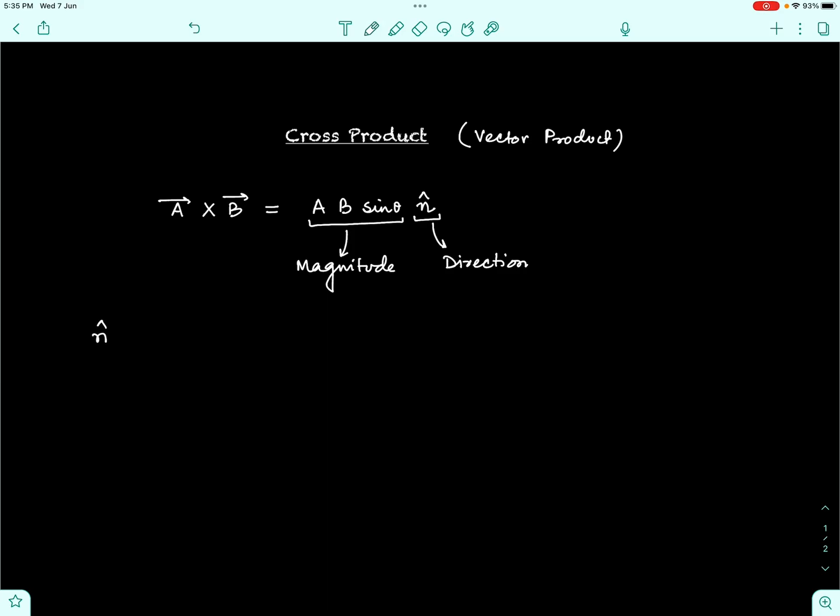N cap is given by the right hand thumb rule, and we shall discuss now what the right hand thumb rule is and how it gives us the direction of n cap, the direction of A cross B.